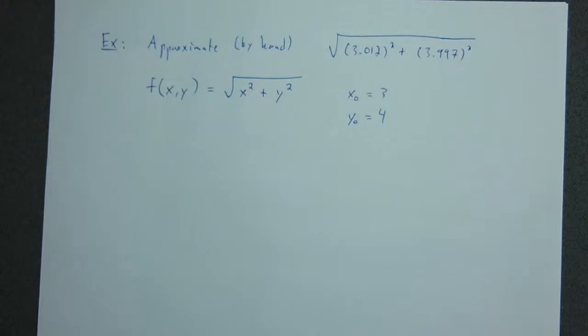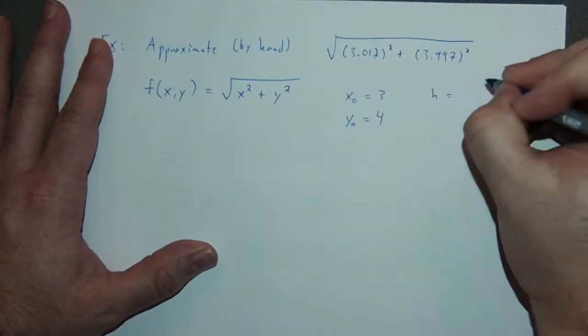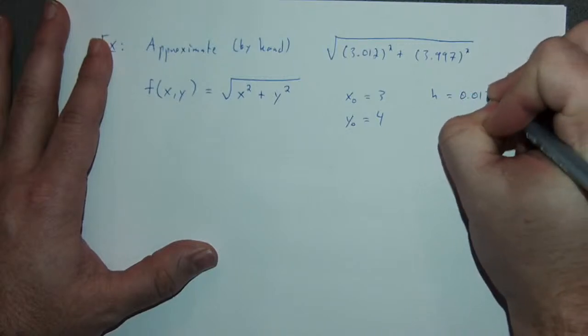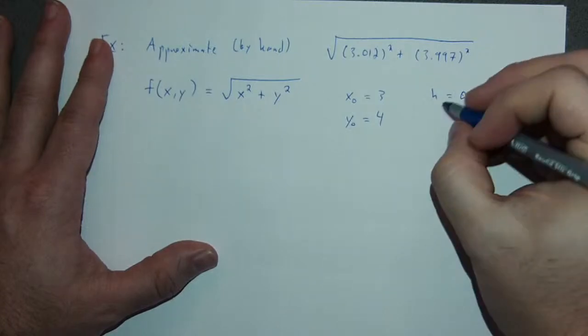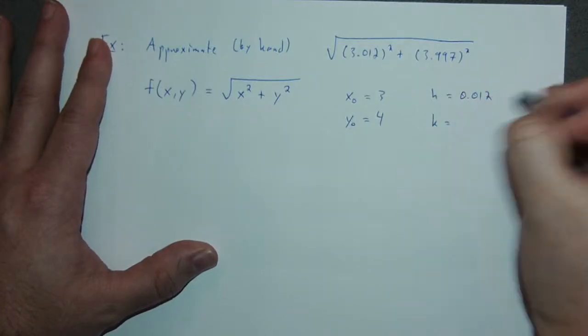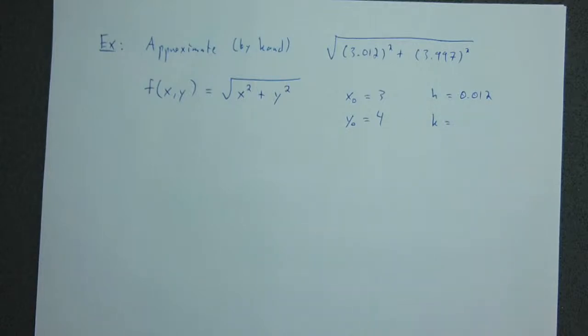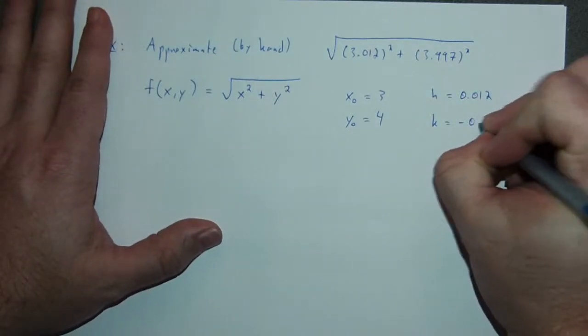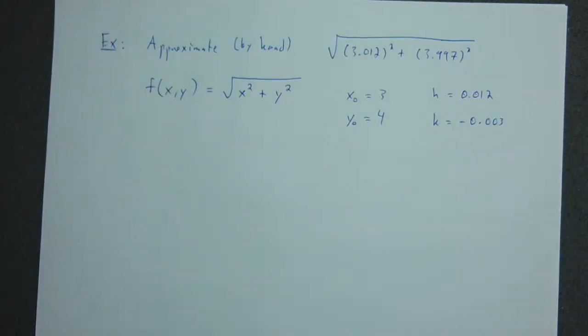Okay. Once I determine what my nice values are, then that determines what h and k are, right? So what is h here? So h is 0.012, right? So that x naught plus h is this thing. And k is, here's an example of a thing that's negative, right? But small enough, so that k is minus 0.003.